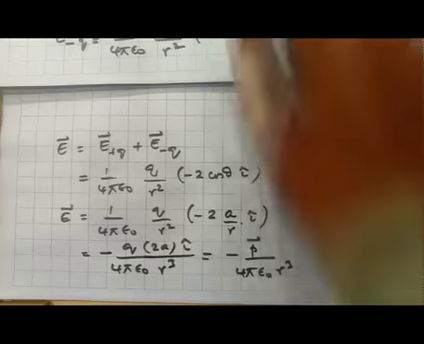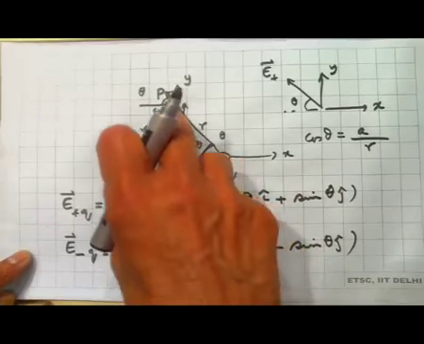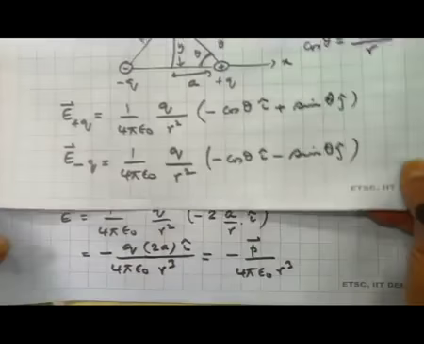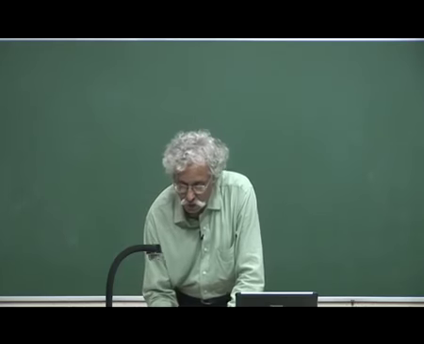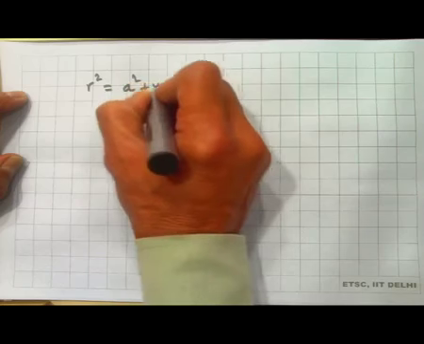Now, r is the distance from the positive charge to the point where I am calculating, or is also the distance from the minus charge. So, I can express r in terms of a and y. So, I get the following expression: r square is equal to a square plus y square.